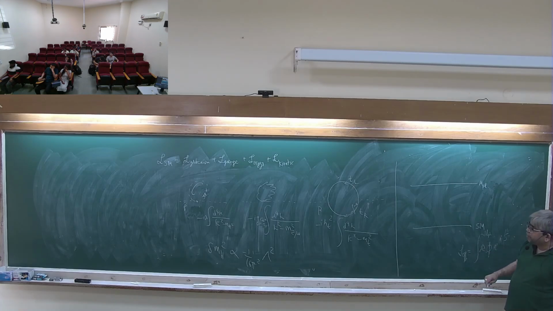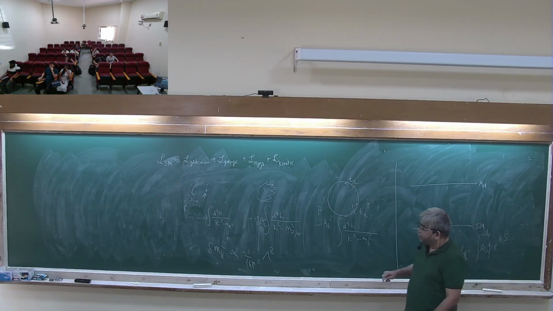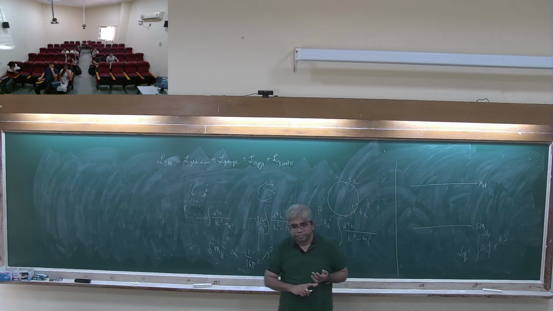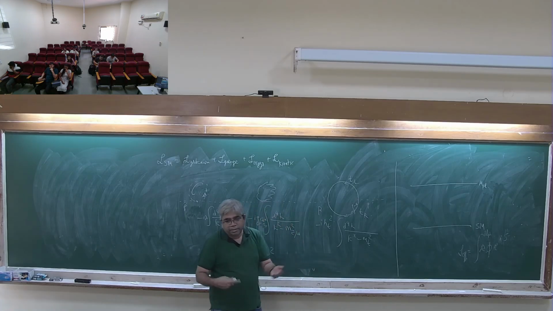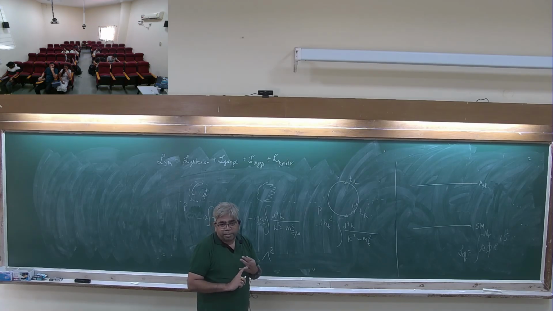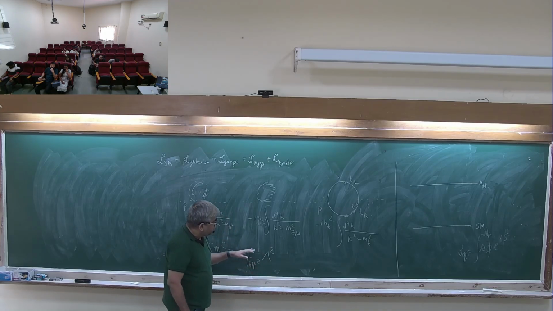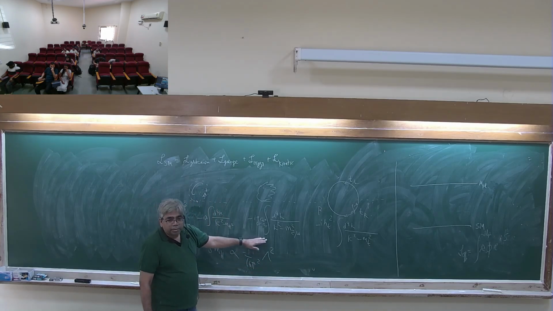Like I explained in the last class, the fermions are protected by chiral symmetries, which is roughly the flavor symmetries. The gauge bosons are protected by gauge symmetries, masses of the gauge bosons. So what is not protected is the Higgs boson mass. Higgs boson mass has corrections which are independent of the Higgs boson mass.